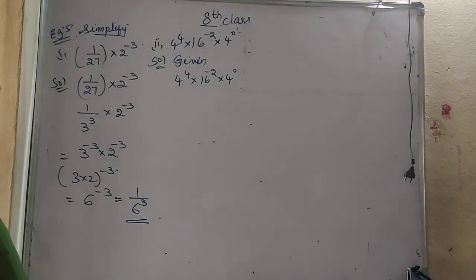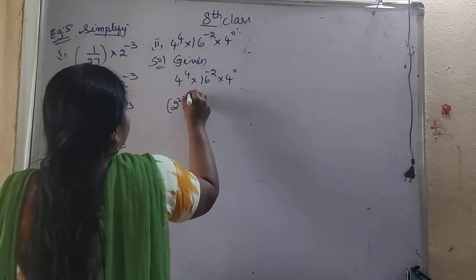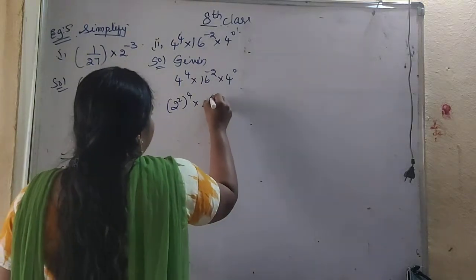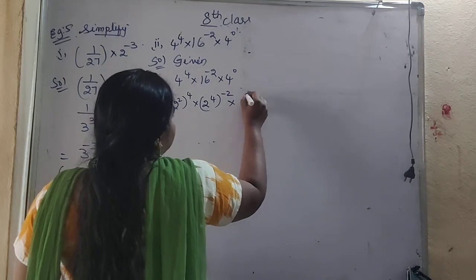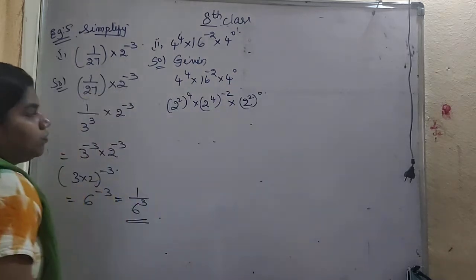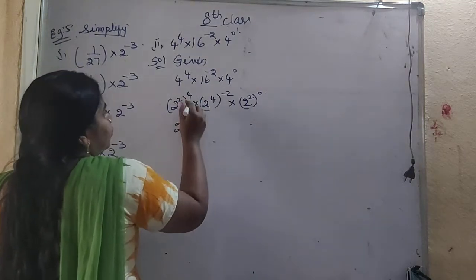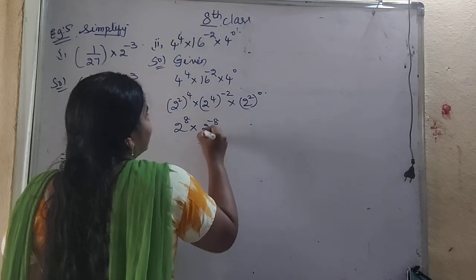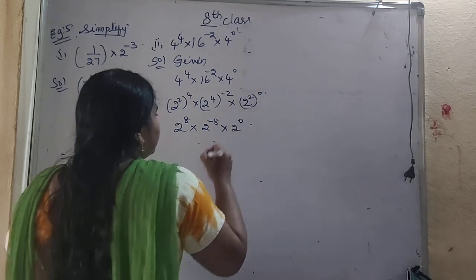We can convert this all into the powers of 2. 4 can be written as (2 square)^4, 16 can be written as 2^4, that is (2^4)^(-2), and 4 can be written as (2 square)^0. Okay, so now multiply the powers. 2^(2×4) is 2^8 into 2^(4×(-2)) that is 2^(-8) into 2^(2×0) will be 2^0.